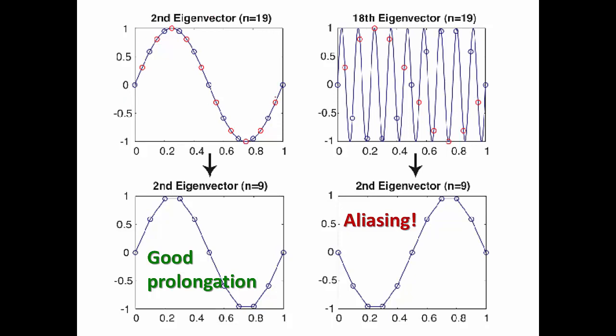So it's a low frequency content in the sense that when we interpolate the solution from the fine grid to the coarse grid, or let's imagine this is actually the residual, when we interpolate the residual from the fine grid to the coarse grid, we still have a very good representation of the same residual. But imagine we have a very high frequency content that corresponds to the second largest eigenvector of the matrix.